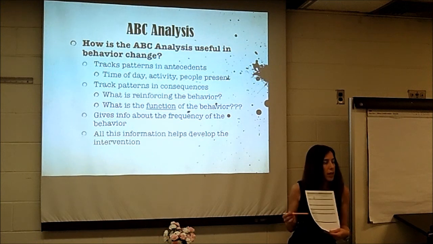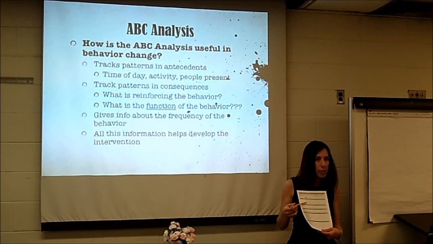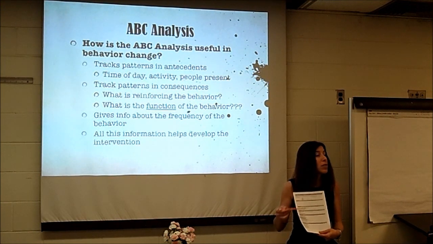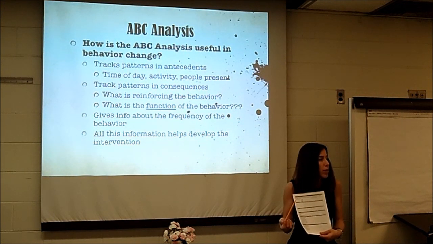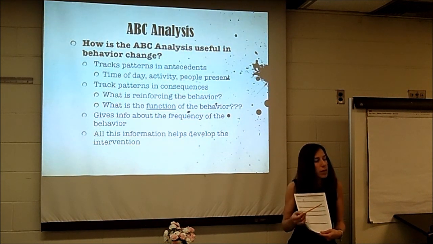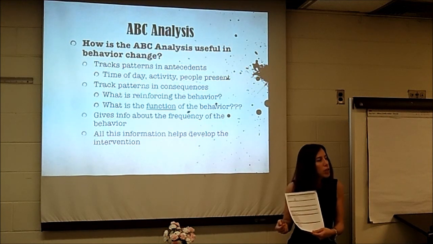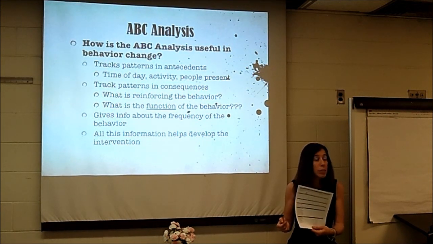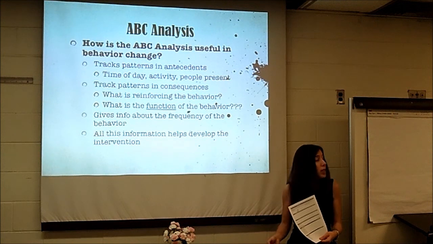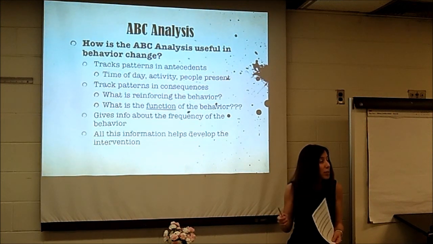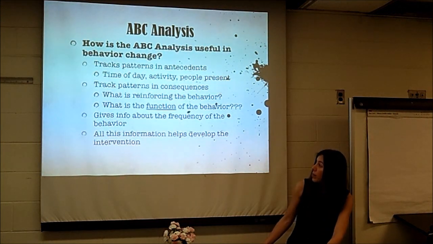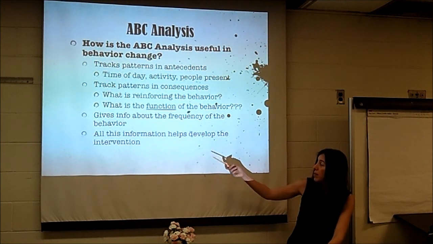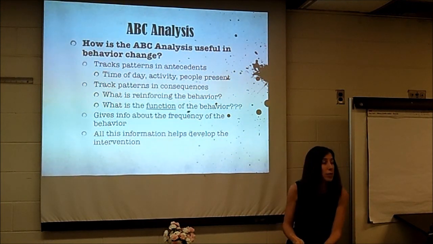A sheet like this doesn't actually track how many times your child might be hitting, but it gives you episodes. So you can see, well, 5 times this week there were episodes of hitting. And so then once we know the function of the behavior, we would stop this sheet and we would switch to a different sheet that would allow us to actually count the behavior in a more accurate way. And so all of this information is what we use to develop our intervention.